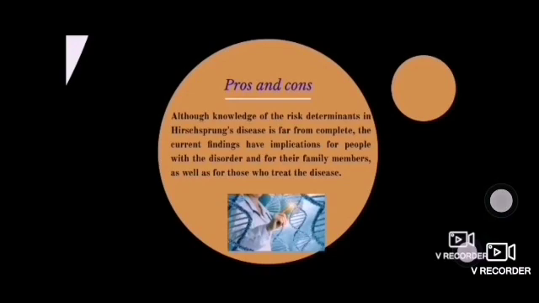Pros and cons. Electrons can arise of the rings determined in Hirschsprung. This is prone complete.